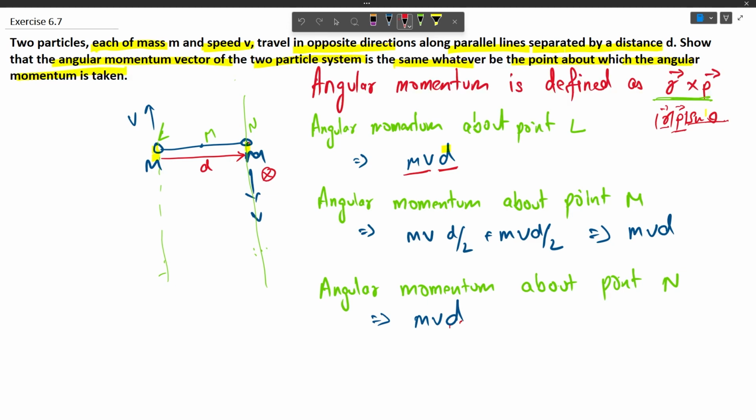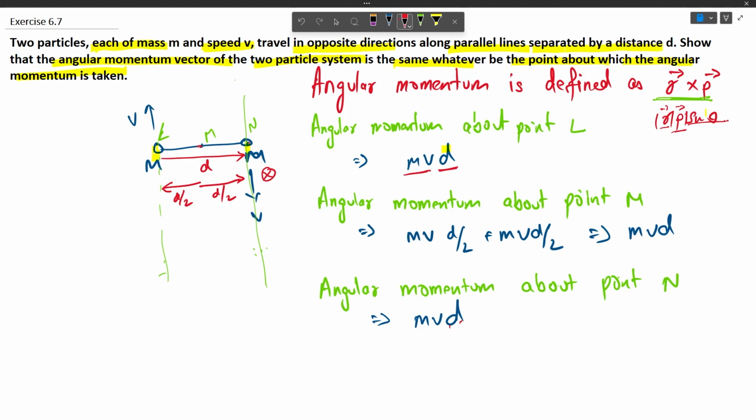Now let us find out the angular momentum about the point M. The position vectors for the particle at point L and for the particle at N are both of magnitude d by 2.